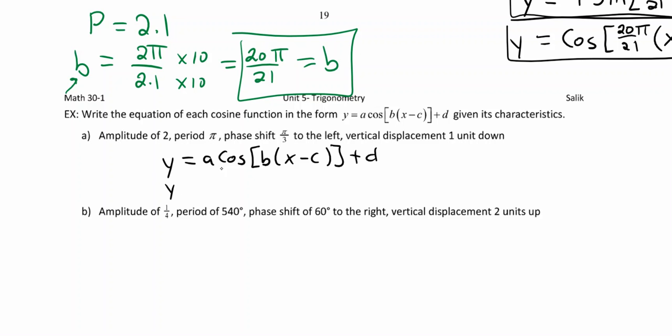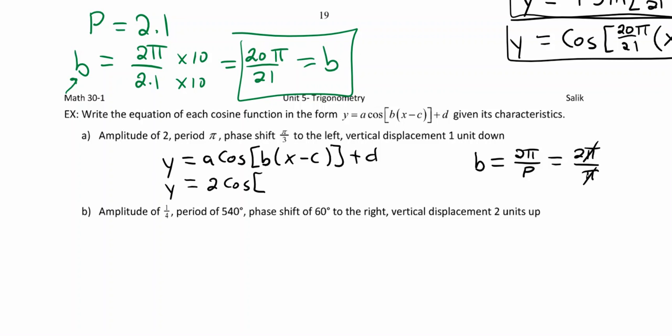Y is equal to, the amplitude is 2. The period, so here it's a cosine. I guess they didn't give us everything though. The period is pi, so I've got a little work to do. I've got to find b. Well, b is equal to 2 pi over the period, so that's going to be 2 pi over pi.